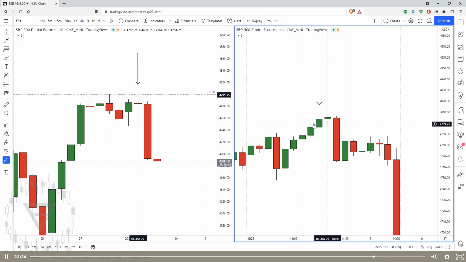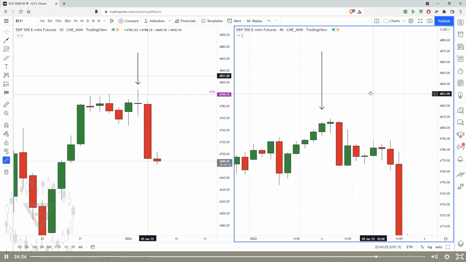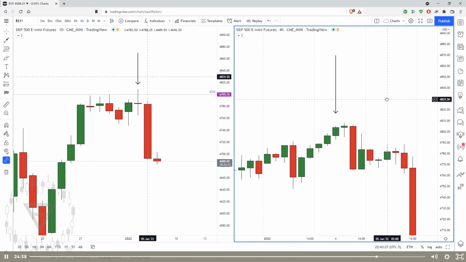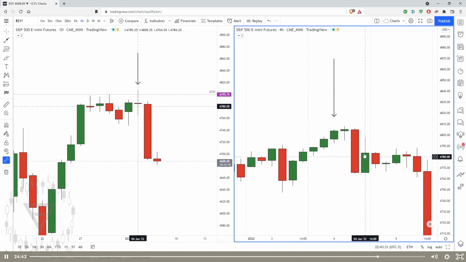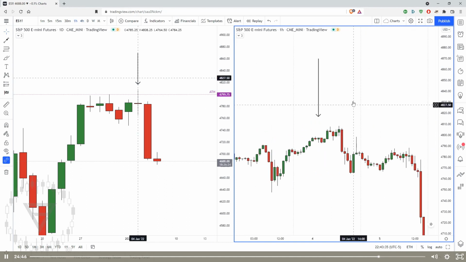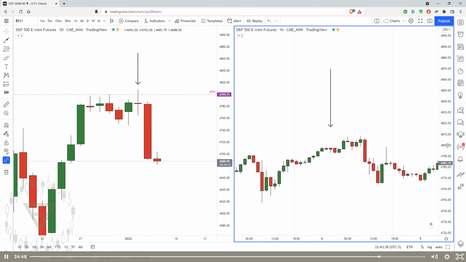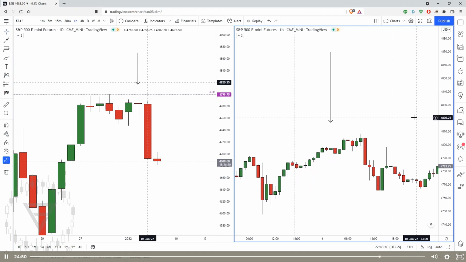So that means we have 24 hours of action right here, which, in the futures market, we're technically open 23 hours a day. There's a 1-hour pause, but that's a topic for later. Basically, if we go down now into a 1-hour chart, we can pretty much see what we have here.